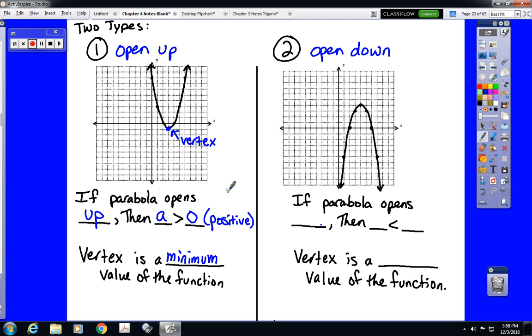Now, if the parabola opens down, then what that tells us is that the lead coefficient is less than 0, negative. If a is negative, then not only do we know that the parabola opens down, it also tells us that the vertex is the maximum value of that function. Again, the vertex being this point, this maximum or minimum point on the parabola.